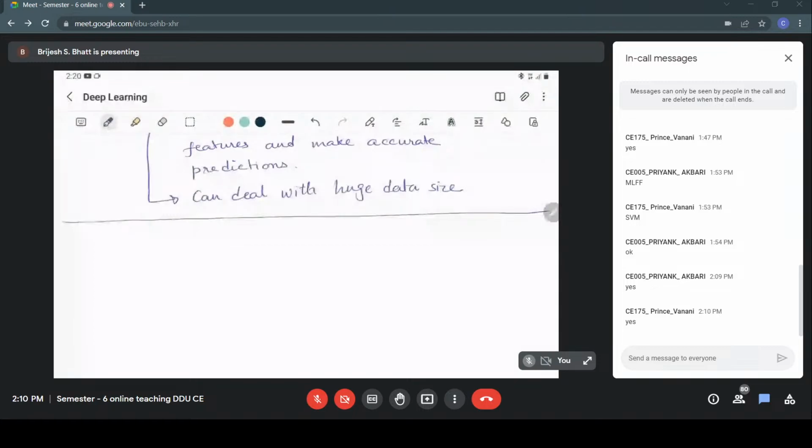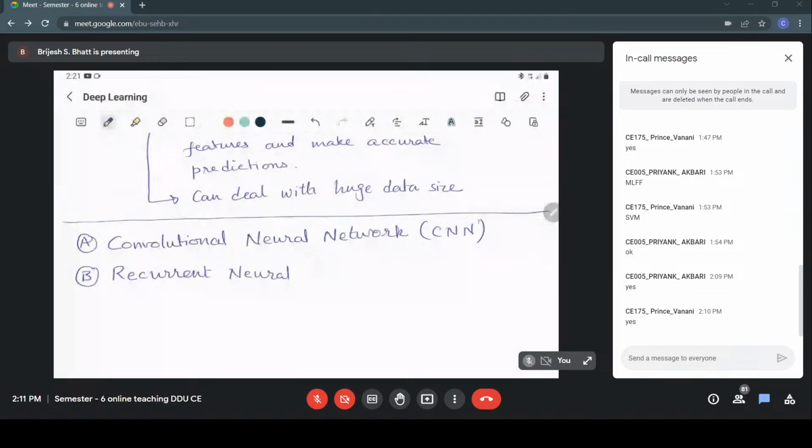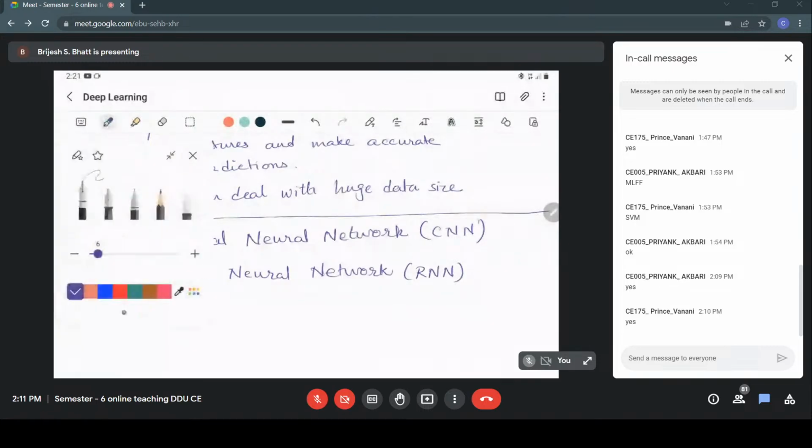The first is the convolutional neural network, or CNN, and the second popular model is known as the recurrent neural network, or RNN. We will talk about these two models.